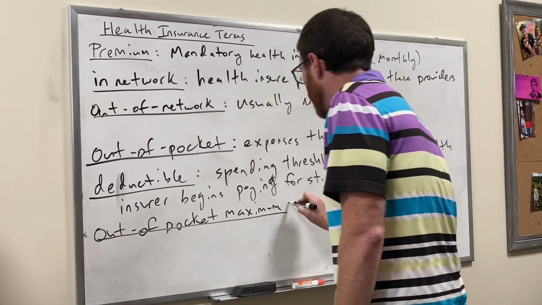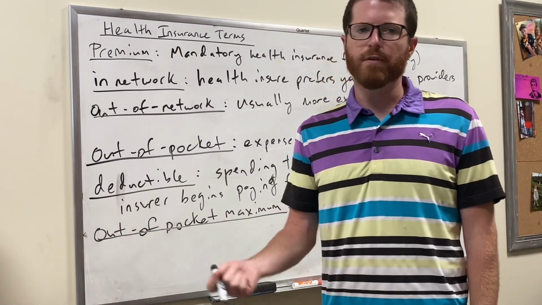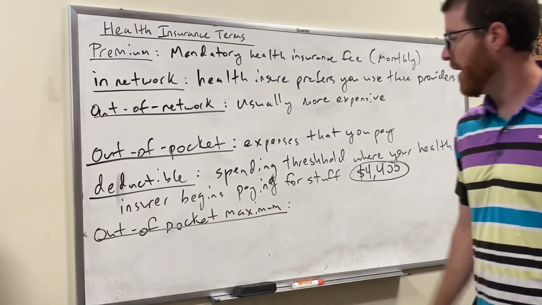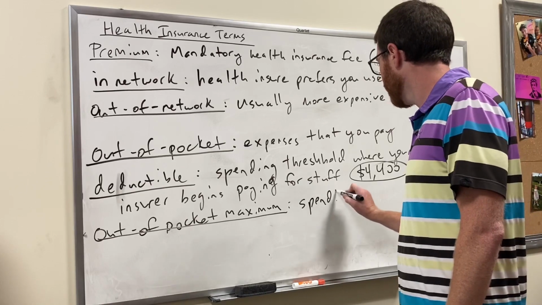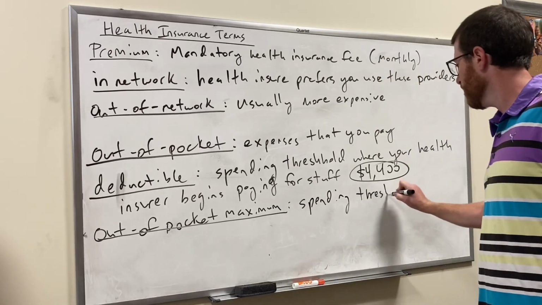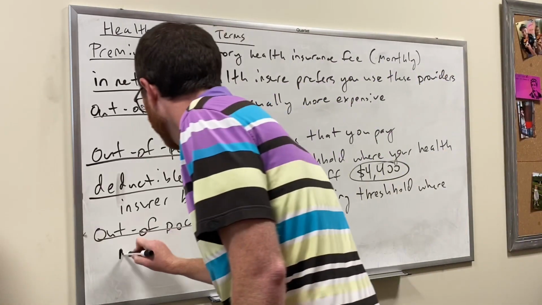And if I continue to have healthcare expenses, maybe I have a really rough year where I have a lot of injuries and such, well, then I might hit my out-of-pocket maximum. And this is the spending threshold where my health insurer pays for everything.